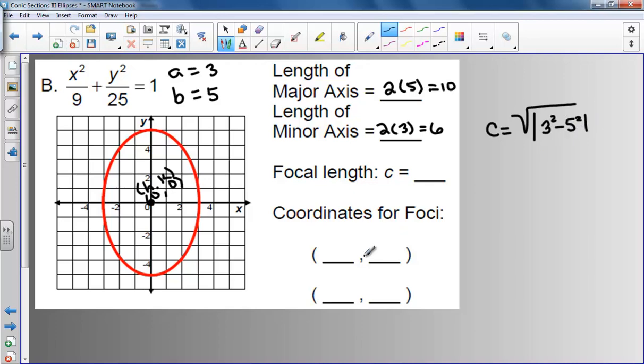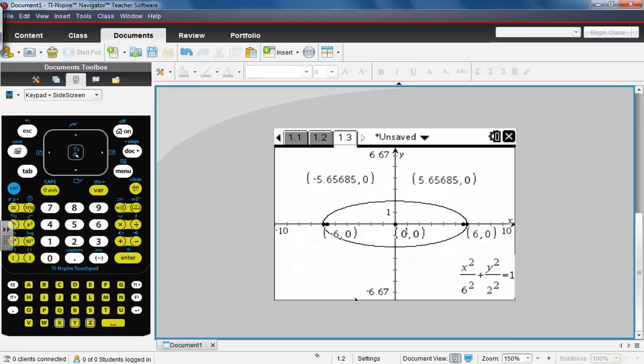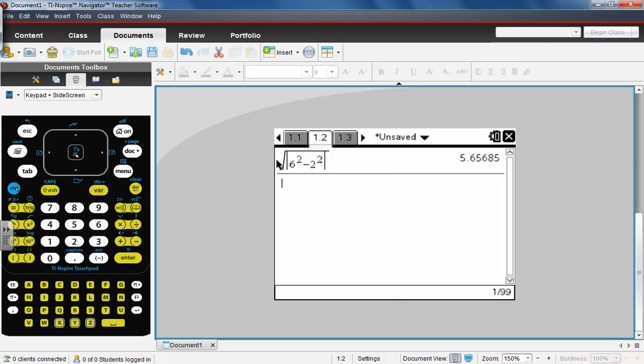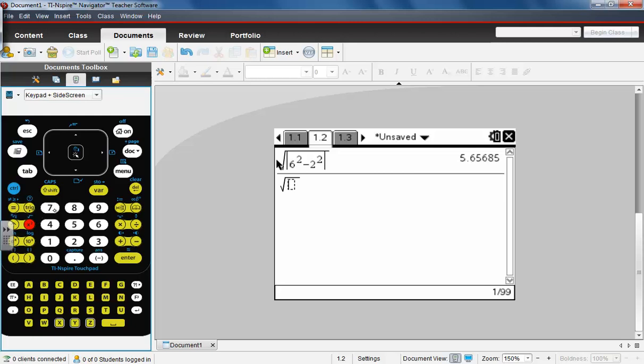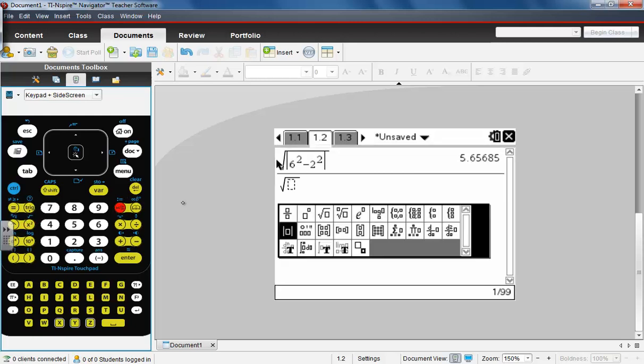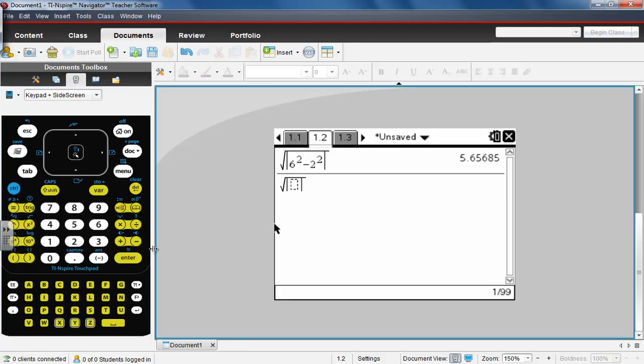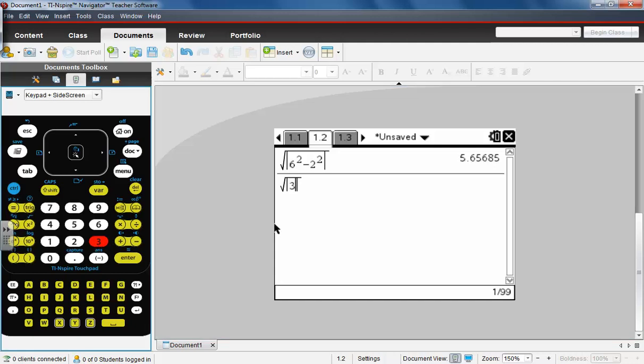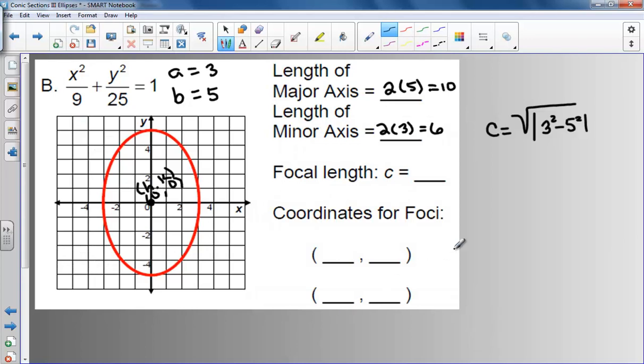Alright, so the square root of the absolute value of 3 squared minus 5 squared, and enter. And so 4 is what I'm working with here.